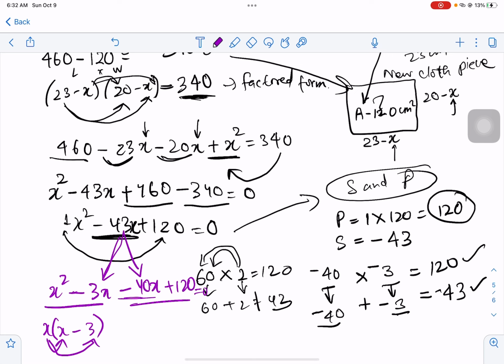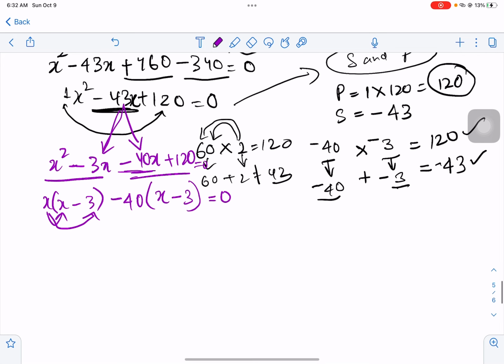Then in the last two terms, 40 is common, so I take out negative 40 so that I just have positive x inside. Negative times negative is positive, 40 times 3 is 120. So x minus 3 is common, take it out, and the other bracket is filled with the remaining values: x minus 40 equals 0.